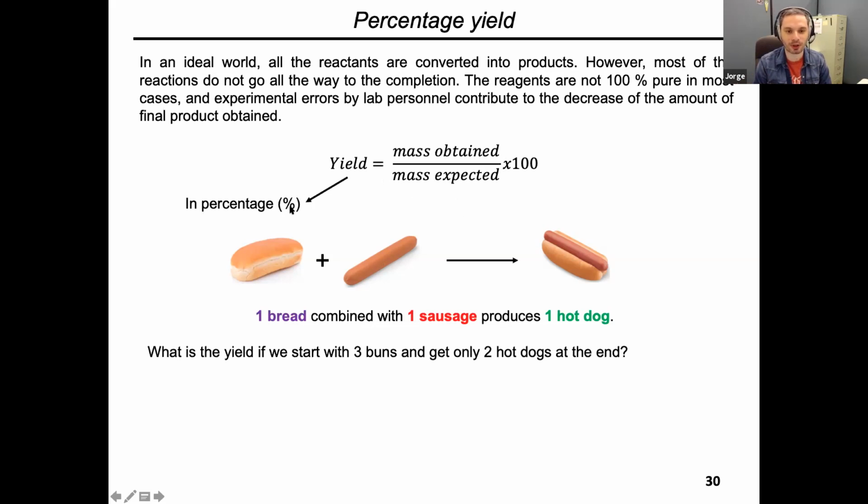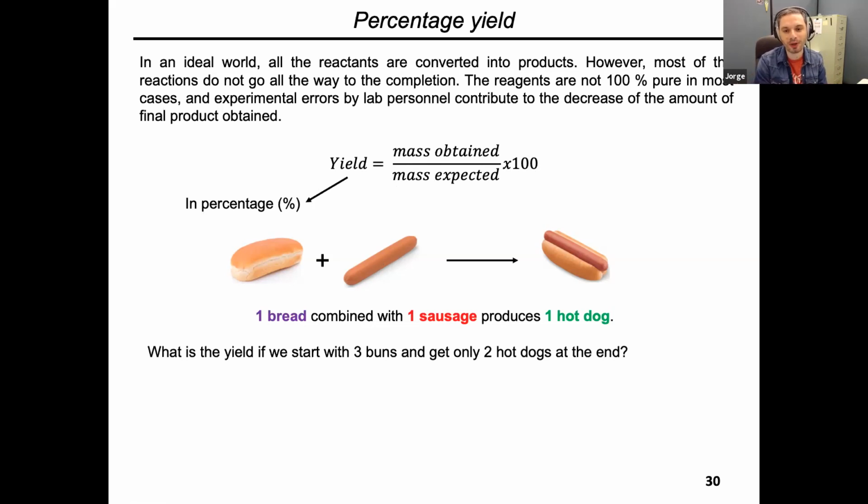And if we are talking about the percentage yield, then we will multiply the ratio by 100. The mass expected is going to be obtained from the chemical reaction and the stoichiometric coefficients.